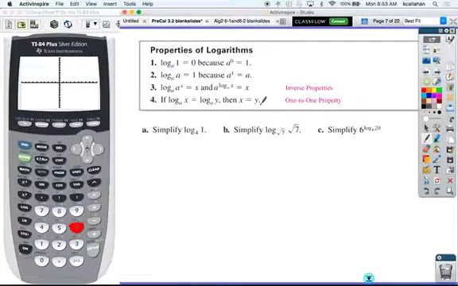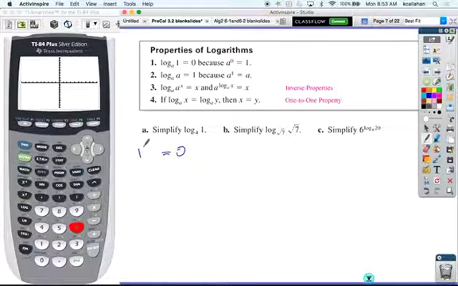We should be able to use those properties to simplify logarithms. Like the first one, the log base 4 of 1. Which property do you think we're going to use? The first one, right? The log of 1 of any base equals 0, because of number 1.